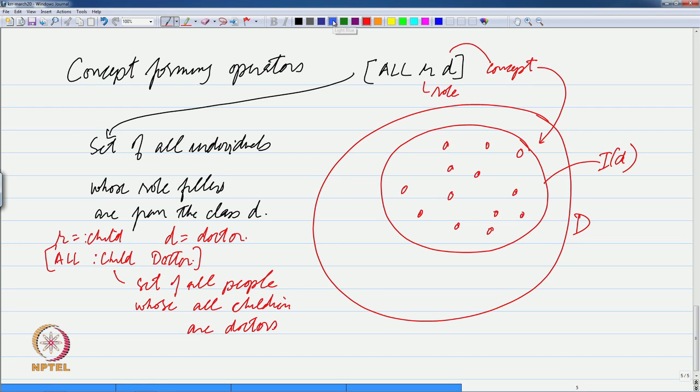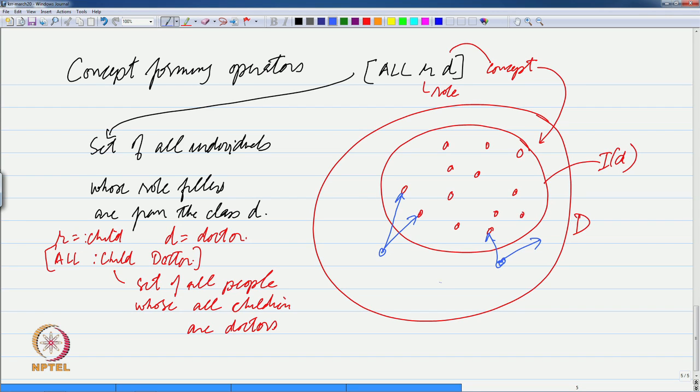So, let us say that there is somebody here in this blue circle that you can see, who has 2 children, and we use this H for the role. So, the arrow points to a child. So, here is this person whose 2 children are doctors. Here is another person whose one child is a doctor and one child is not a doctor, it is something else.